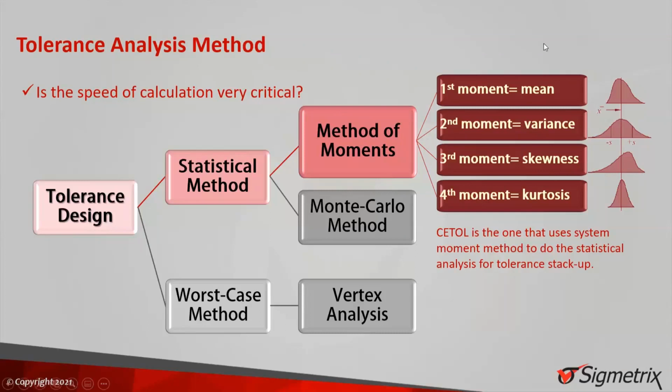So using those four indexes, you can successfully represent the statistical distribution. You can represent a normal distribution or a lambda distribution, even a uniform distribution. So CETOL supports three types of distribution. One is normal. The second one is lambda, that is non-normal distribution. The third one is uniform.